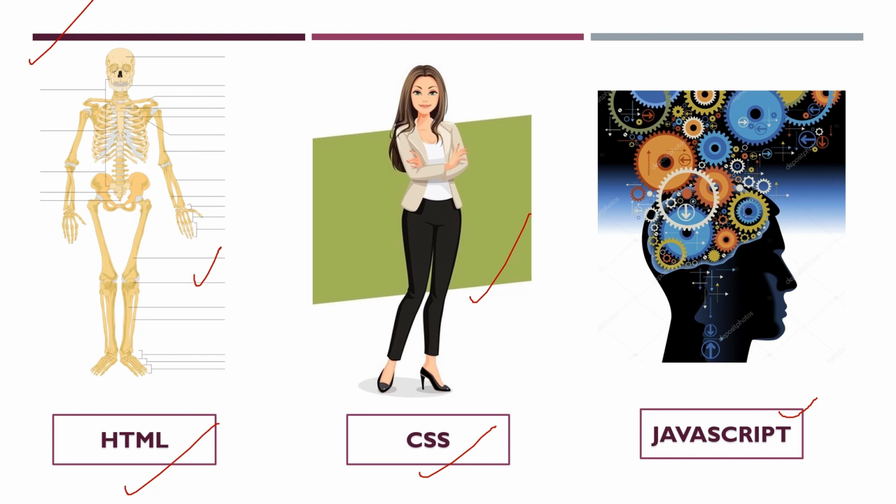Now which will give the looks to that website? CSS. Now the functionality of the Zomato website is given by JavaScript, that anytime you can place an order, you can click on a particular food item and the food is ordered. So how do these things work? All these things work with the help of JavaScript, because JavaScript adds brain and functionality to that website. I hope you guys understand the trio.